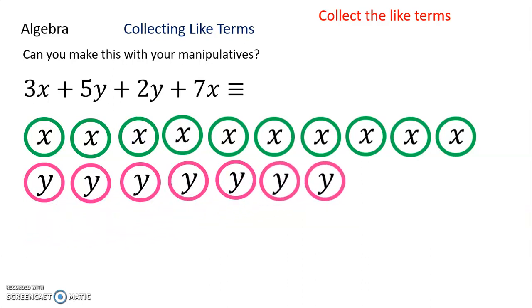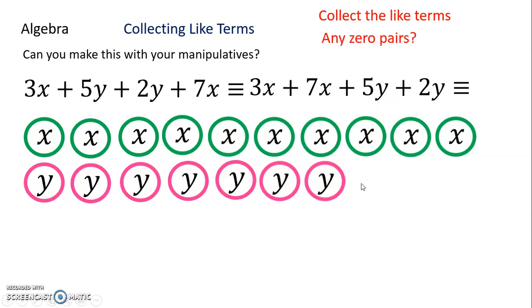So I've collected the 5y and the 2y together. And I can actually rewrite that calculation now so that it's describing what I've now got below. So I have 3x plus 7x in this first row, and then 5y plus 2y in this second row. And now I can sum what I've got.